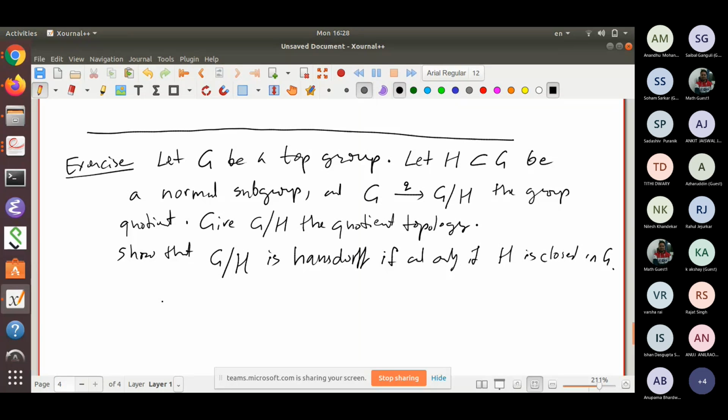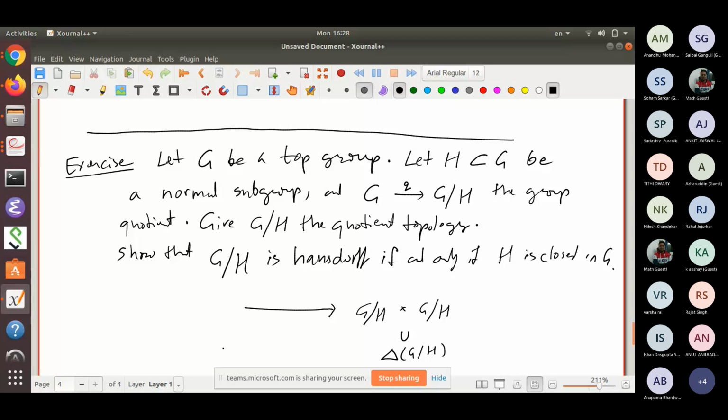If I have the diagonal of G mod H times G mod H, and inside this, take the diagonal, and to this take some map, and somehow leverage this information into the inverse image of this being H. So can you make this?